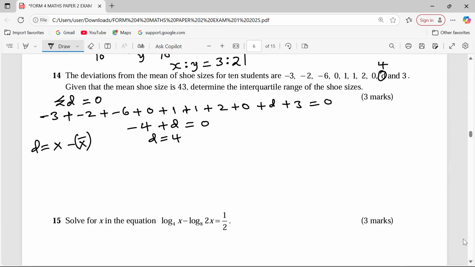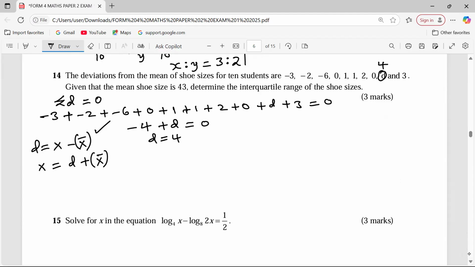So with the deviations provided, then we can get the shoe size X by taking each deviation plus the mean. Yeah, deviations are given by each value minus mean.